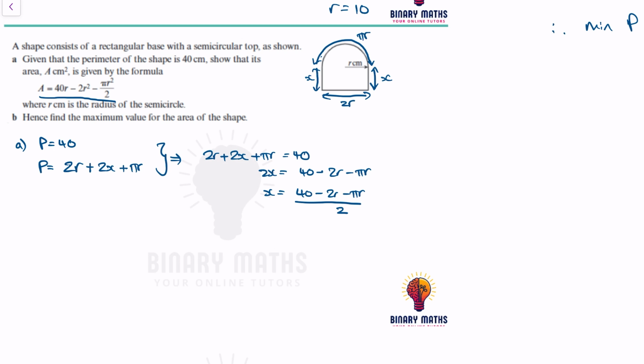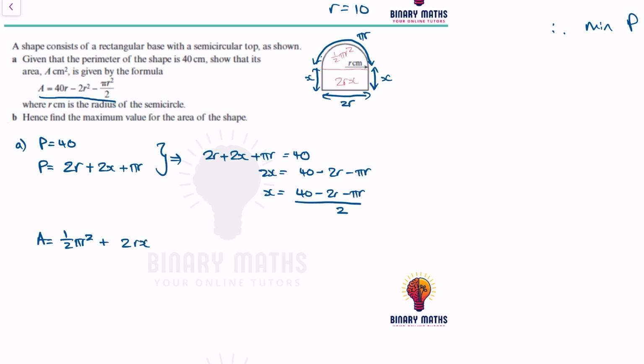Okay, now the area of this. If I split it up here, that is equal to 2rx, and that part would be pi r squared divided by 2, so half pi r squared. So the area will be equal to half pi r squared plus 2rx, sorry, not 2 pi, 2rx.